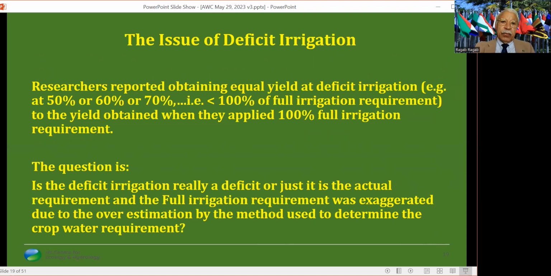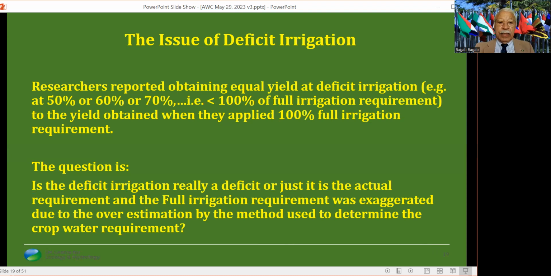And that brings us to another issue, deficit irrigation. A lot of scientists use deficit irrigation as a ratio of the total crop water requirements. Most of them found that when they irrigate with 50% or 60% or 70% of the total requirements, they get the same yield as when they apply 100% of the full requirements calculated from those equations.